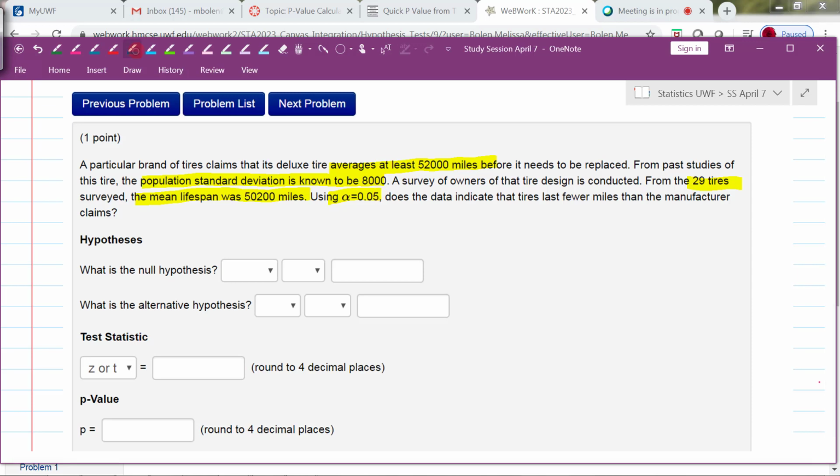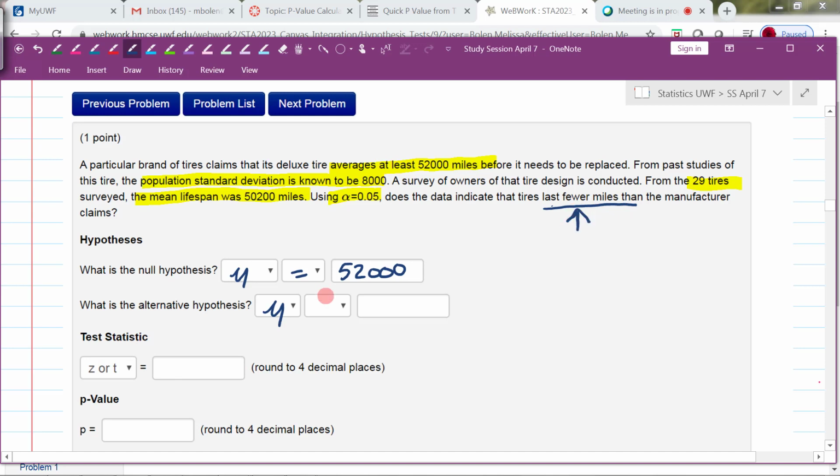Alrighty, so it says, what is the null hypothesis? Well, my null hypothesis is that mu is equal to 52,000 miles. What's the alternative? It says, does the data indicate that the tires last fewer miles than the manufacturer claims?